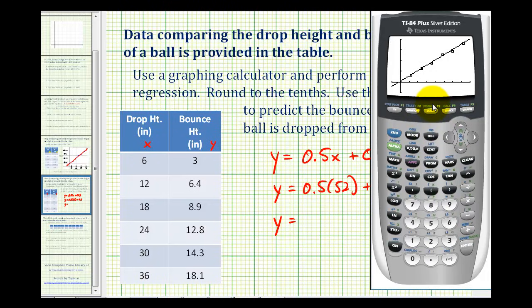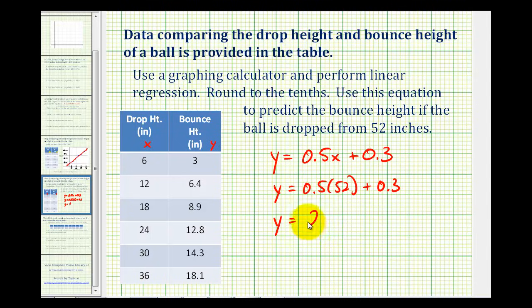We could use the table feature, or we can go back to the home screen, press second mode, vars, right arrow, enter, enter to select y1, and then in parentheses, we'll type in 52. And this should remind us of function notation. And we can see here we're going to approximate the bounce height to be 26.3, and this would be inches. And that'll do it for this example.